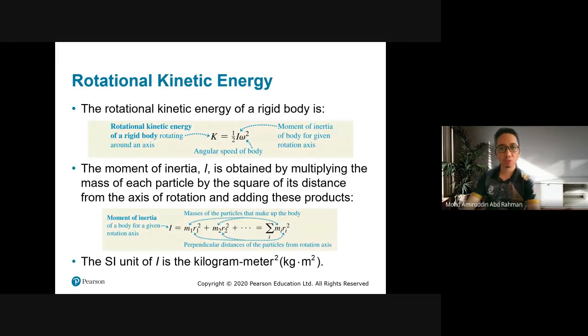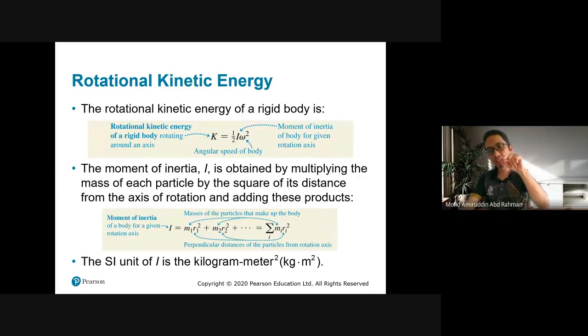Okay, so how do we obtain I? To obtain I, we need to multiply the mass of the particle involved by the square of the distance of the rotation.